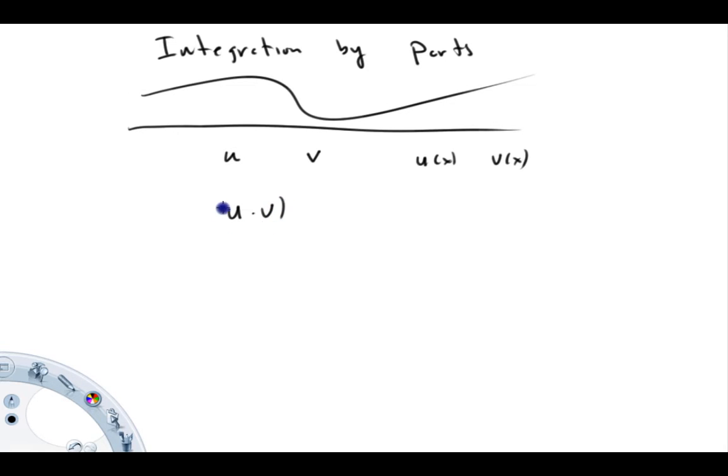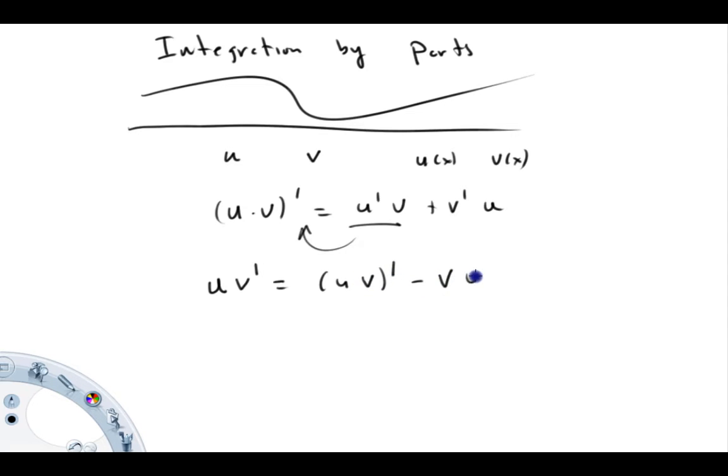So I'm going to put (uv)' equals u prime v plus v prime times u. Now, I'm going to take this equation and mess with it a little bit. If I move this term to the left and then rearrange it, this is going to read u v prime is equal to (uv)' minus v u prime.